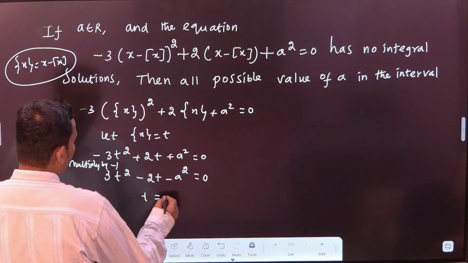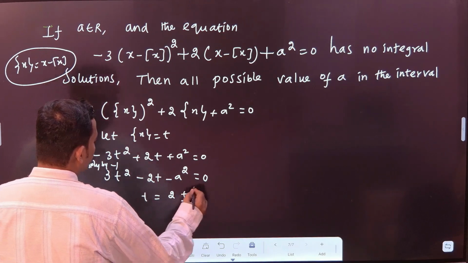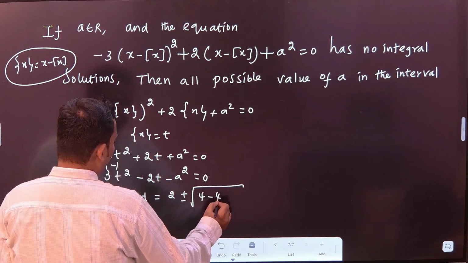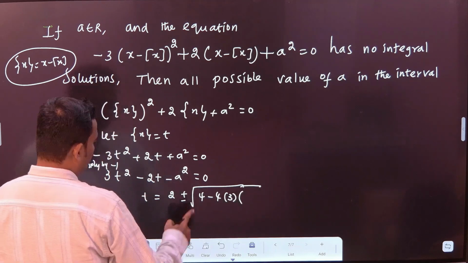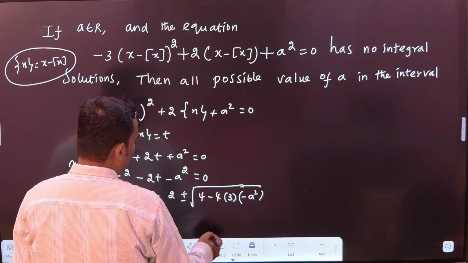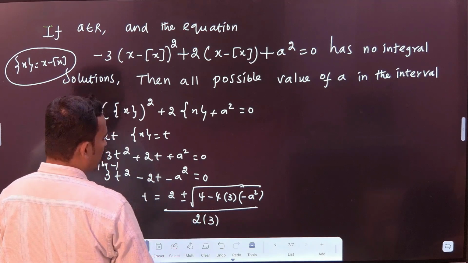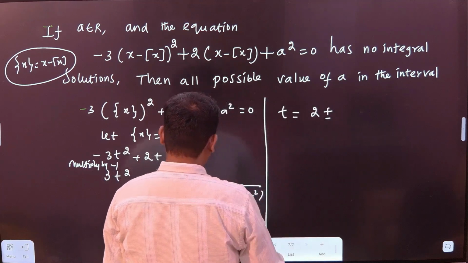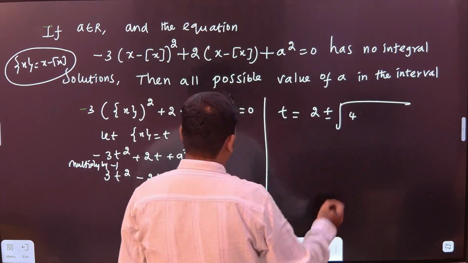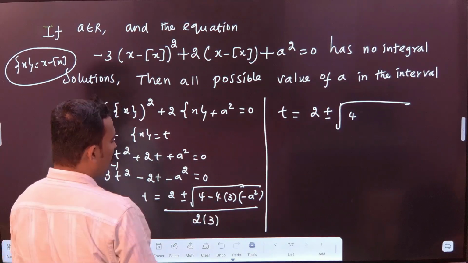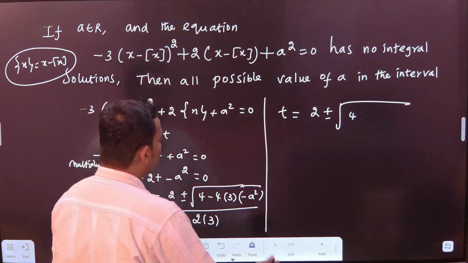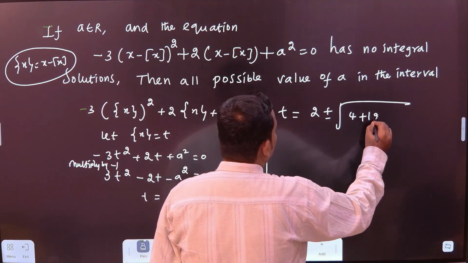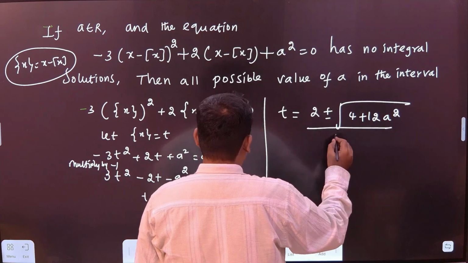T is what? Minus b, so 2, plus or minus square root of b square, 2 square is what? 4, minus 4 into 3 into a, c here is what? Minus a square, whole divided by 2 into 3, right? Now you can solve this. T is equal to what? 2 plus or minus square root of 4 plus 12a square, minus into minus plus 12a square, divided by 6, right?